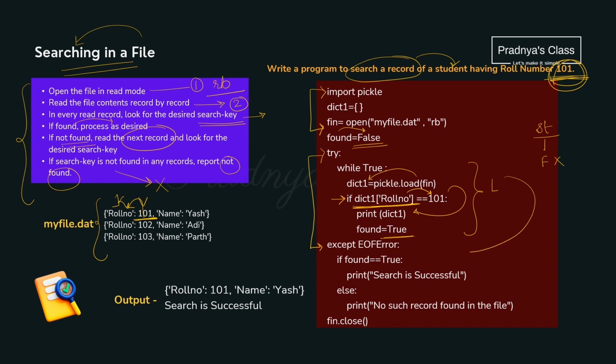In that case, we will come to the except block. If the value of found variable is true, means we got it. The search is successful. Otherwise, in the else block, we are printing the message that no such record found in the file. Don't forget to close the file. Here is the simple code to search for a specific record in the binary file. Hope you understood this code.